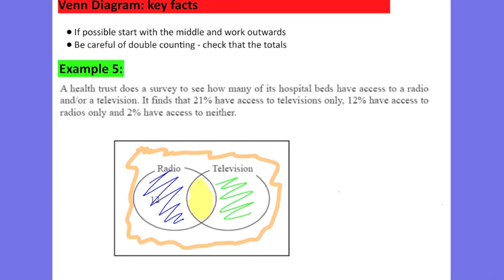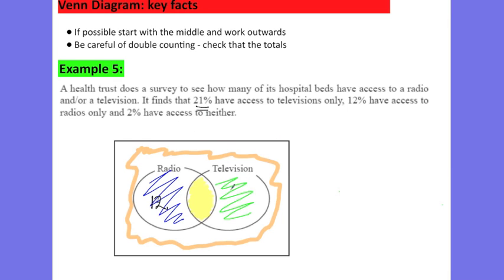So let's take a look now at the numbers. We have here already that the radio is 12. We're told in the question that a health trust does a survey to see how many hospital beds have access to radio and or television. It finds that 21% have access to televisions only.